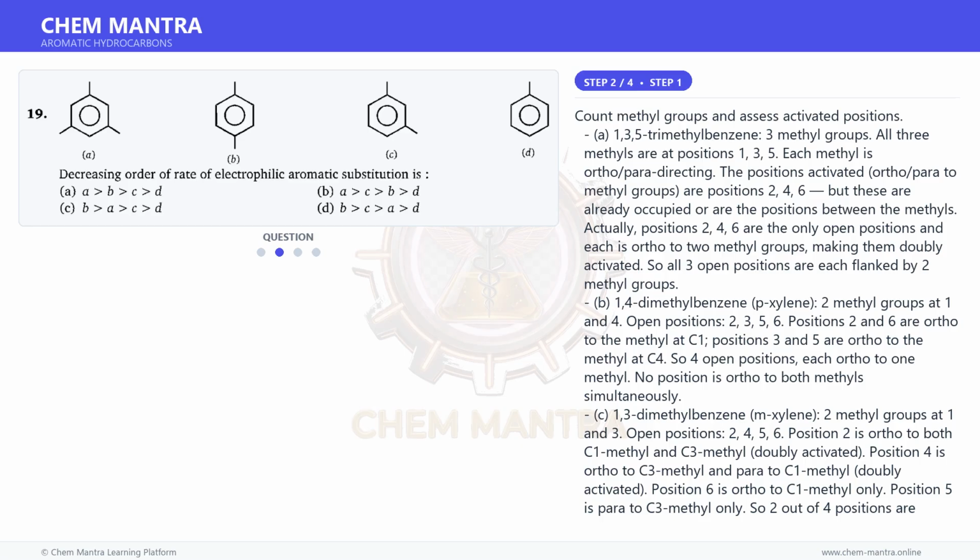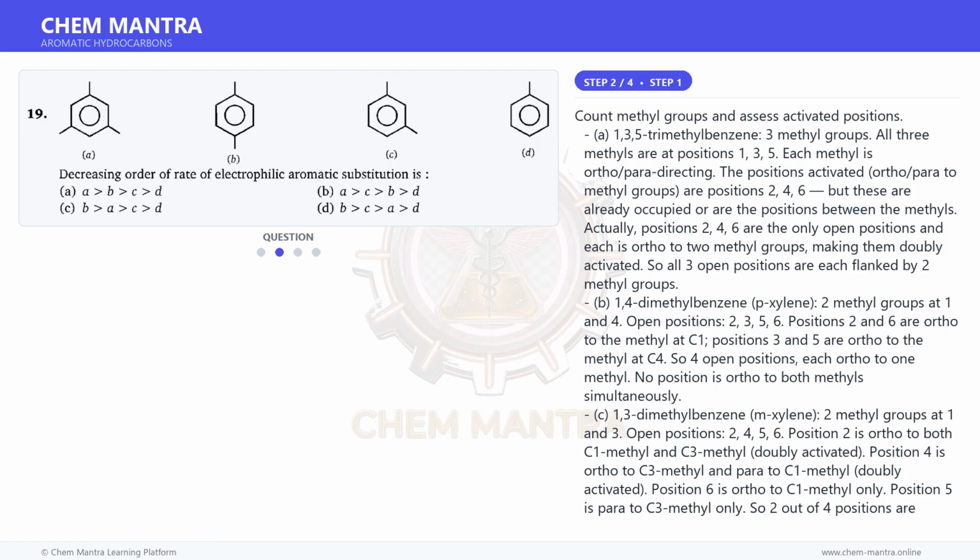Count methyl groups and assess activated positions. A. 1,3,5-trimethylbenzene, 3 methyl groups. All 3 methyls are at positions 1, 3, 5. Each methyl is ortho-para directing.